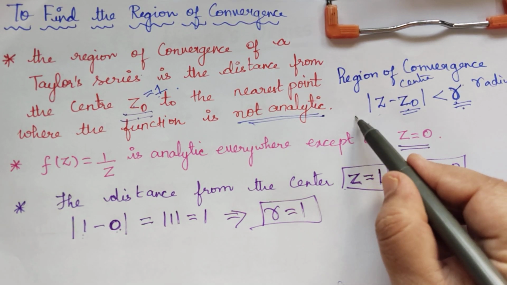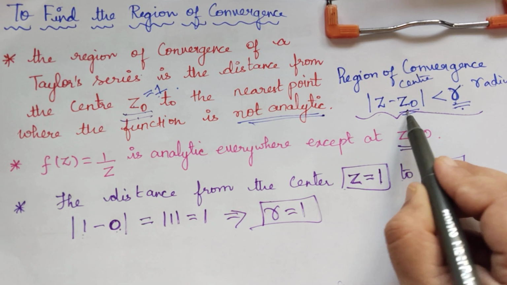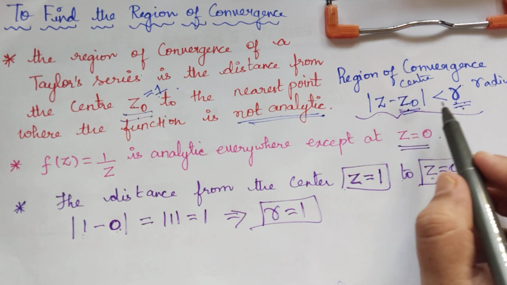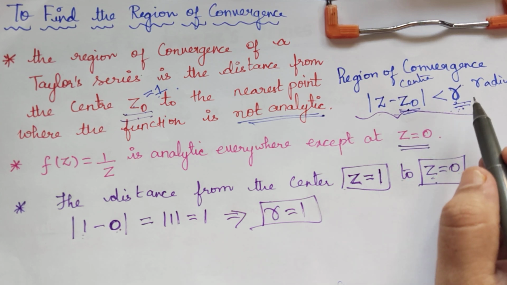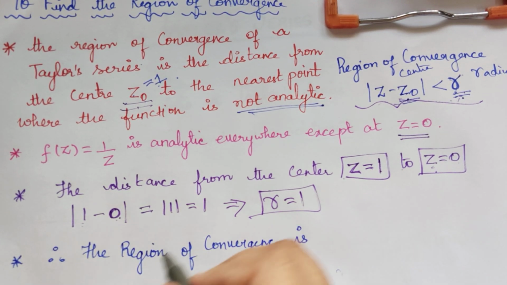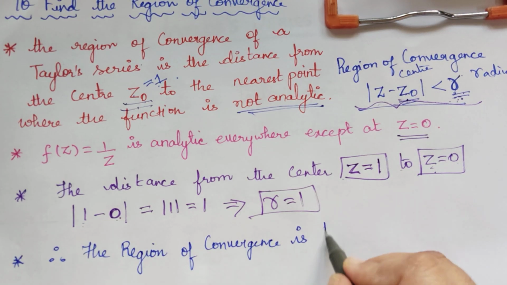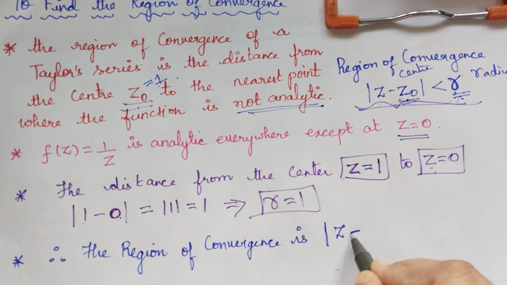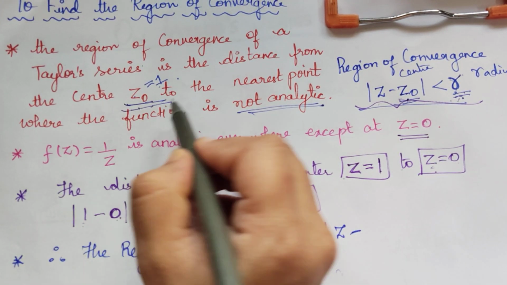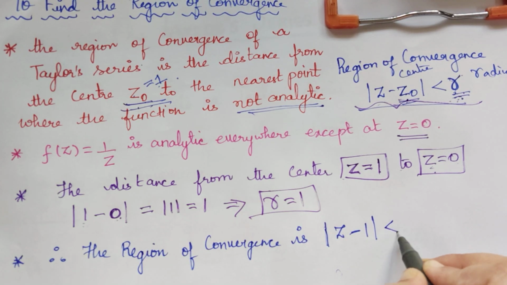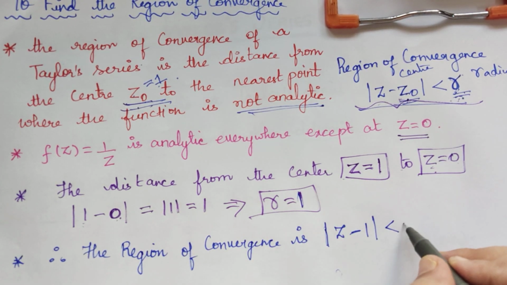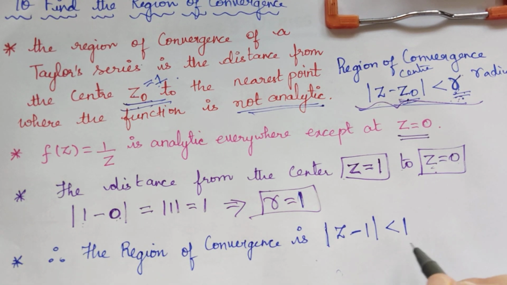Now we shall substitute z0 and r in order to find the region of convergence. So the region of convergence is modulus of z minus z0, which is lesser than r. R is 1. So this gives us the region of convergence.